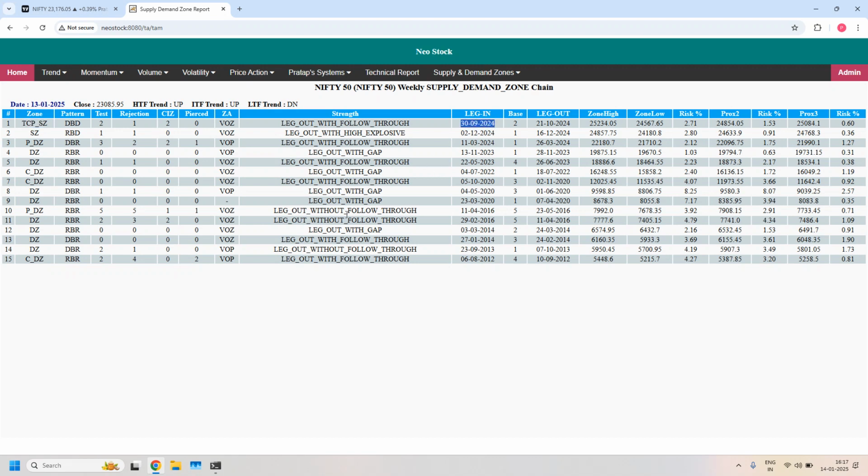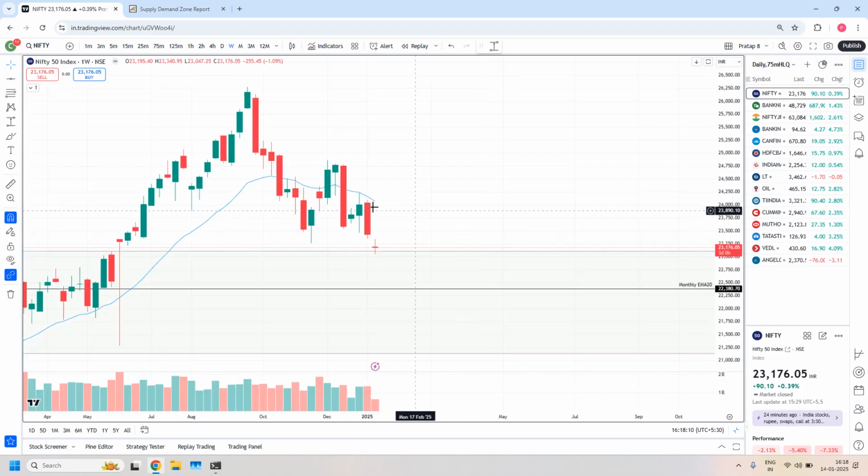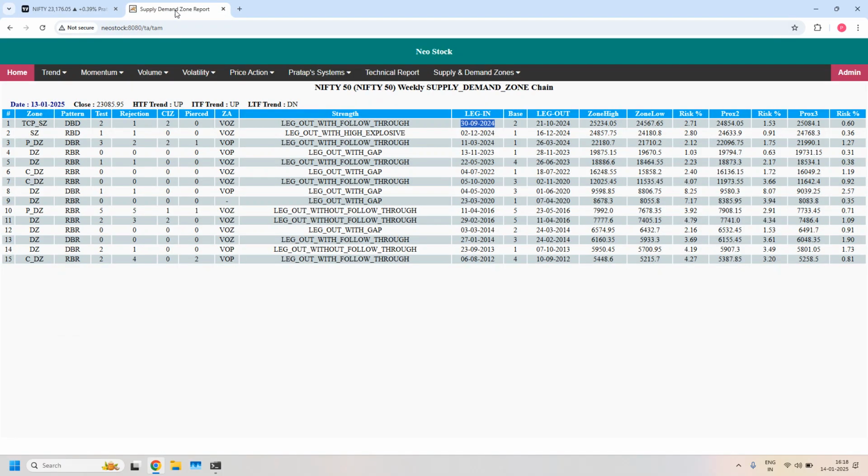39-20-24. Why? The advantage of looking into these software reports is we know about high liquidity zones. This is on 39-20-24 after the two base candles. Sorry, I'm looking into the supply zones.